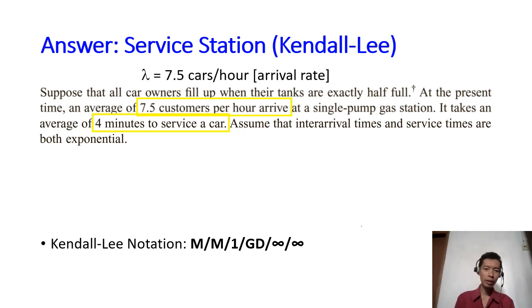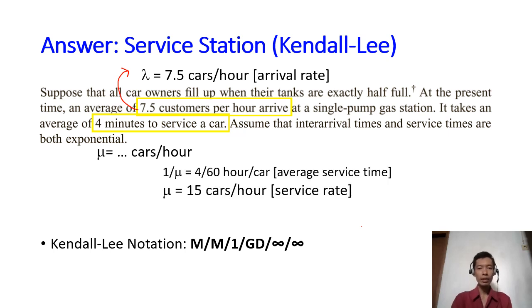This is the lambda, the arrival rate, 7.5 customers or cars per hour. And same as the previous example, this problem does not give us the mu or the service rate directly. Instead, it gives us the 1 over mu, the average service time, which is 4 minutes.